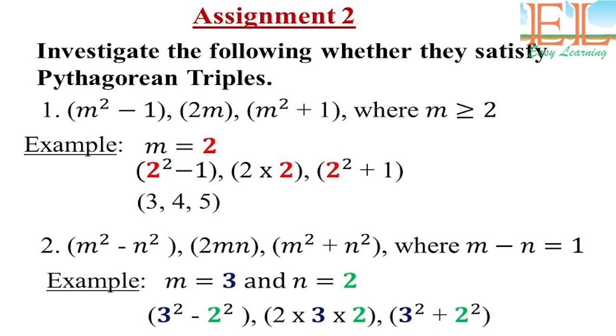Then this one will be 2 times 3, which is 6, times 2, which is 12. And then this one we shall get 3 squared, which is 9, plus 2 squared, which is 4. So that will give us 13. So from here, we'll be able to generate another triple, which is giving us 5, 12, and 13.